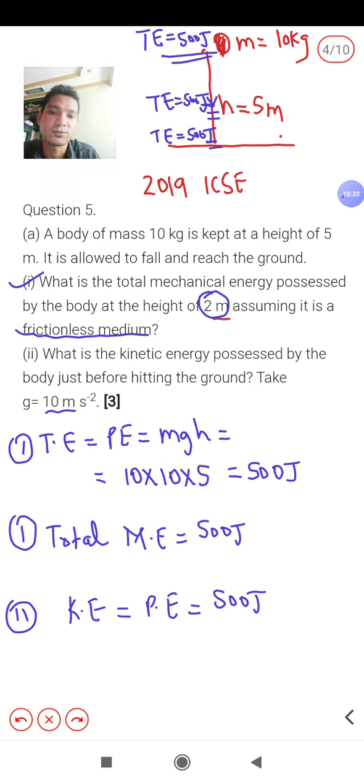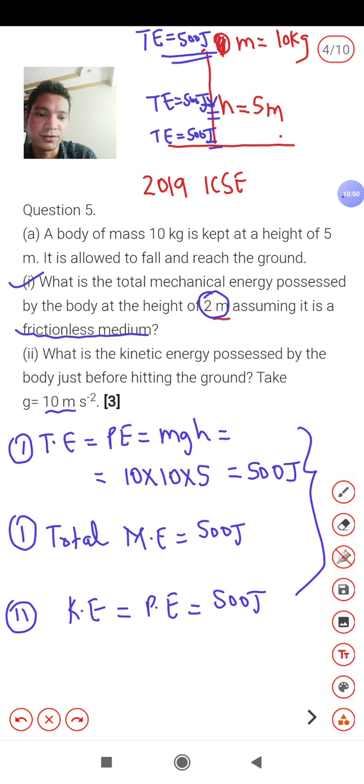That's it. You don't have to solve anything here. But if you really want to calculate the kinetic energy, there is one more way to solve this numerical. It will come 500 joule. Once again, let me solve it.